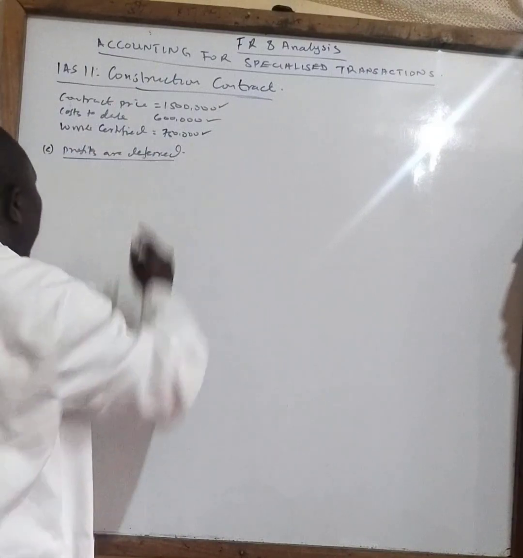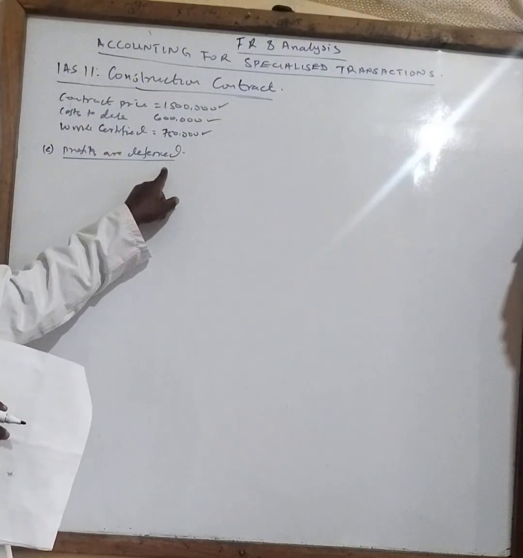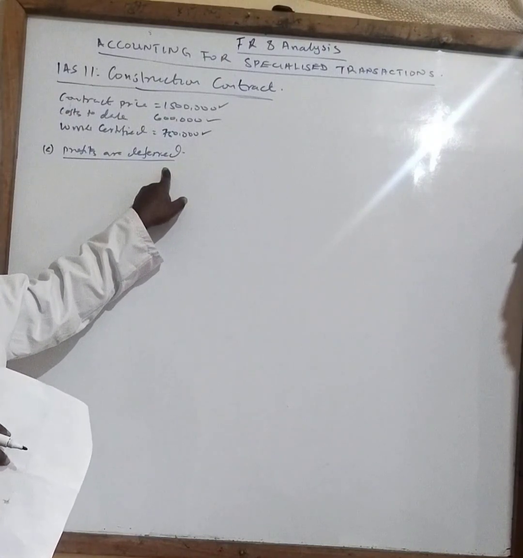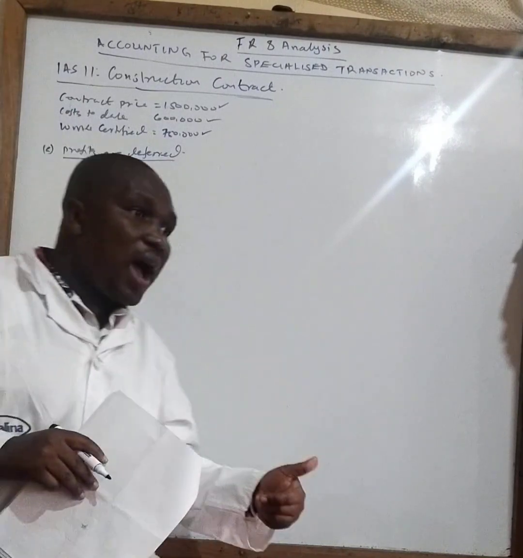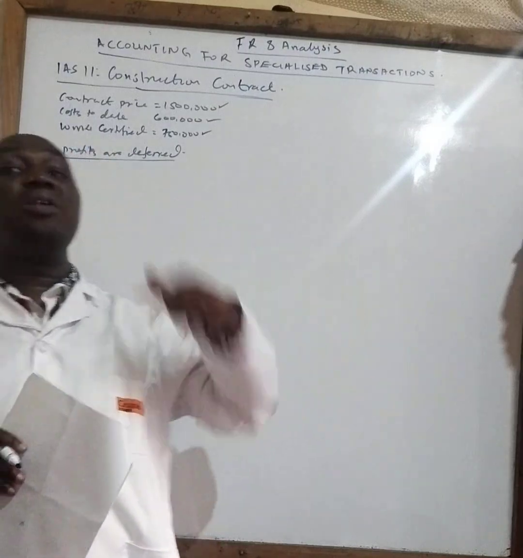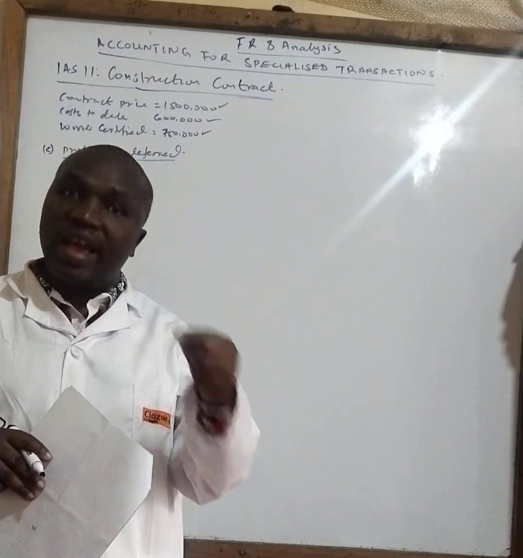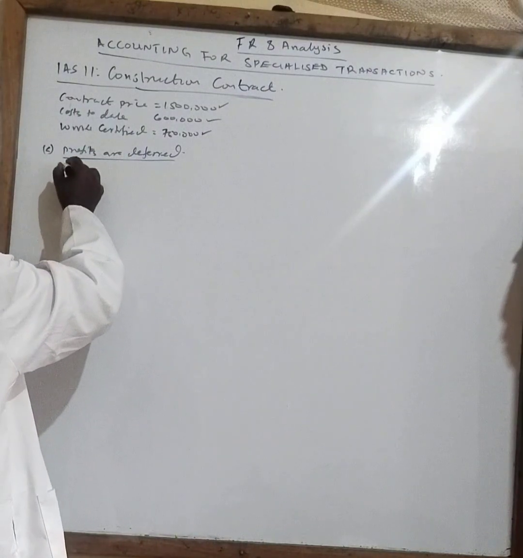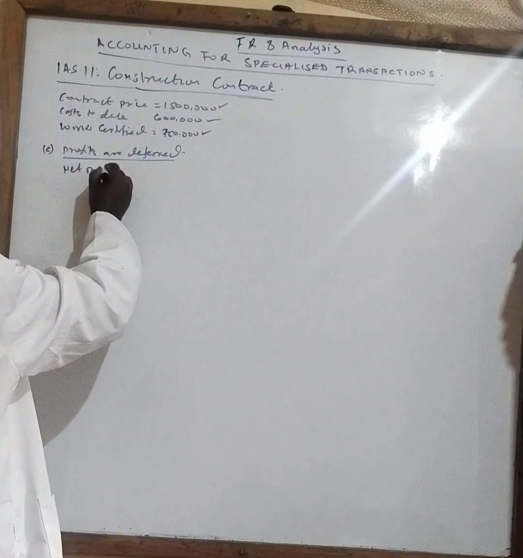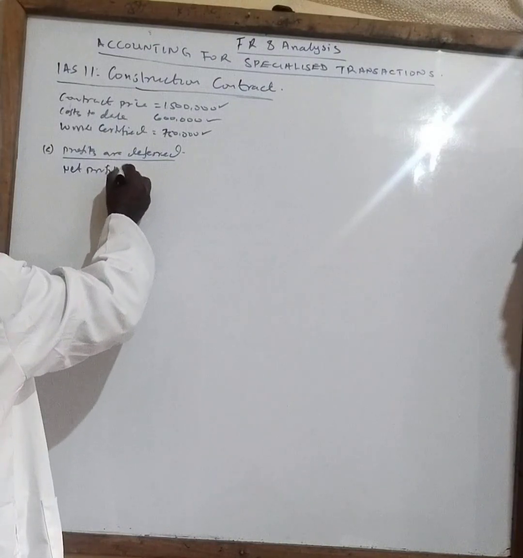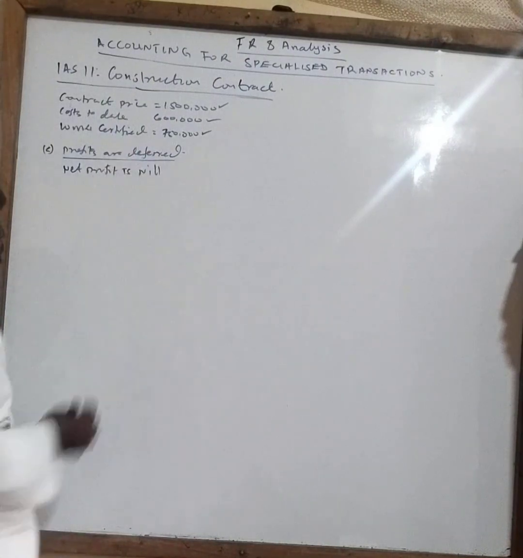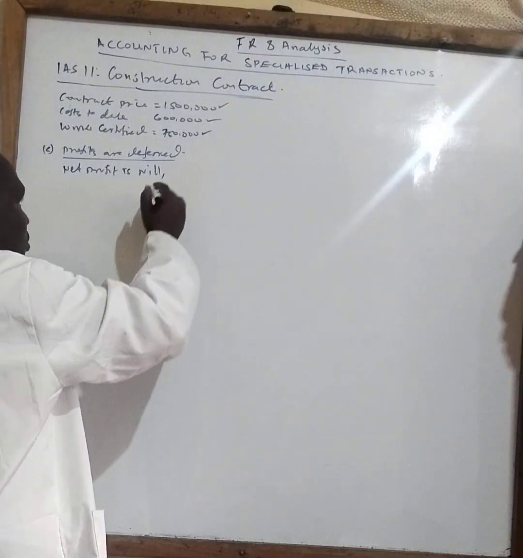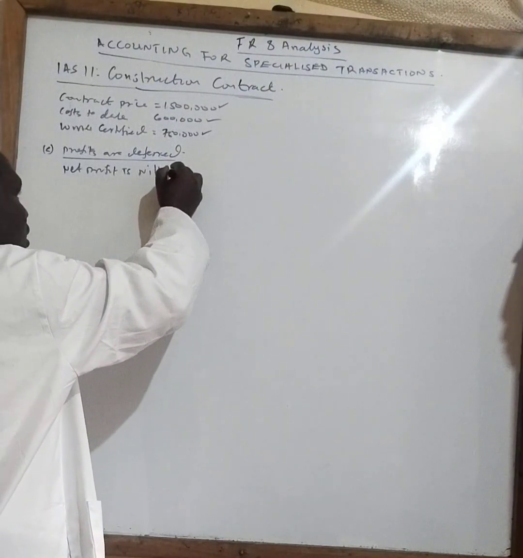Correct. Now, when they are saying profits are deferred, it means that there is no profit for the year 20x5 because revenue and profits are deferred to the following year. Which year is that? 20x6. So therefore, here in this case, you can say net profit is nil. Why? You put a reason why.